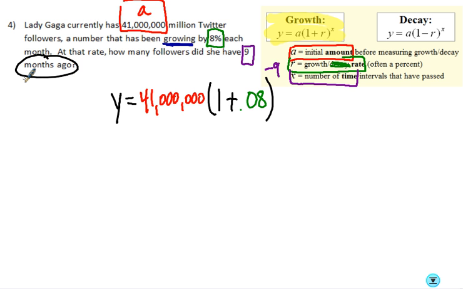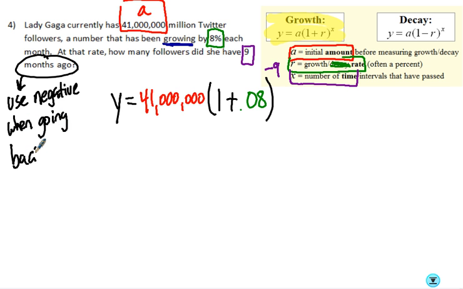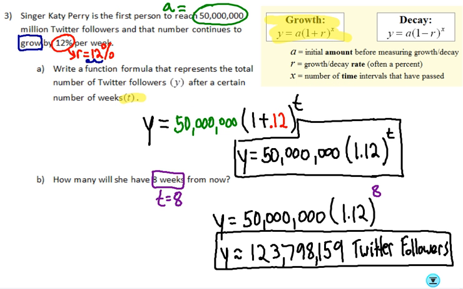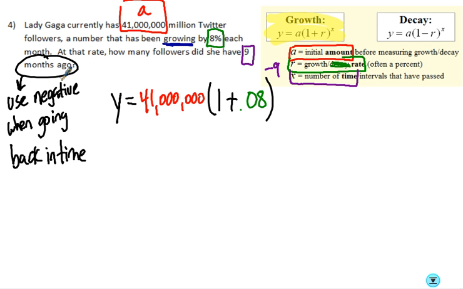When you've got months ago, we're going to use negative exponents when going back in time, and positive exponents when you're going forward in time. If we look back at number 3, for instance, we were talking about Katy Perry and her Twitter views 8 weeks from now. That was a positive 8 because we were going into the future. What's different here is that since we're going back in time, we're going to use a negative exponent. So that's going to be a negative 9.